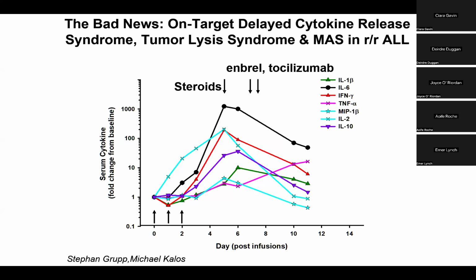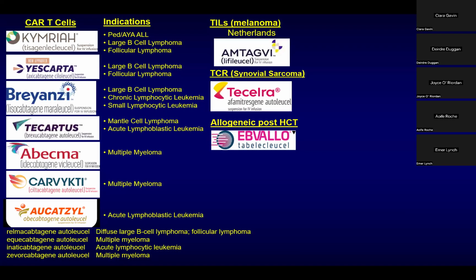Based on pivotal clinical trial data, we had approval of Kymriah in the US August 30th, 2017. We now have in total 7 CAR T products approved in the US, most of those approved in Europe and other jurisdictions. We have tumor-infiltrating lymphocytes approved in the Netherlands, US.